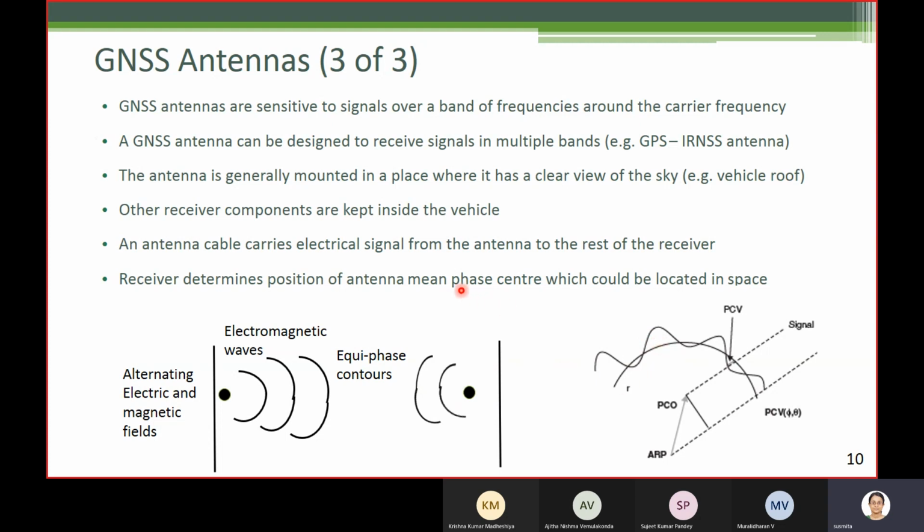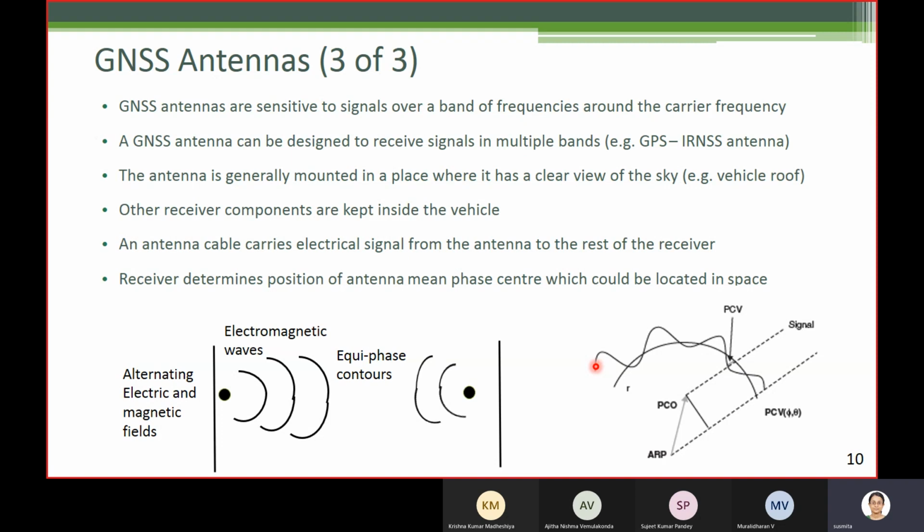Now we need to find the mean phase center. We don't have a point. How can we find the mean phase center? So we fit a sphere to this irregular shape. A sphere is fitted in such a way that the error is minimized. So this is the error. You consider all the errors in all directions, square them, sum them up.